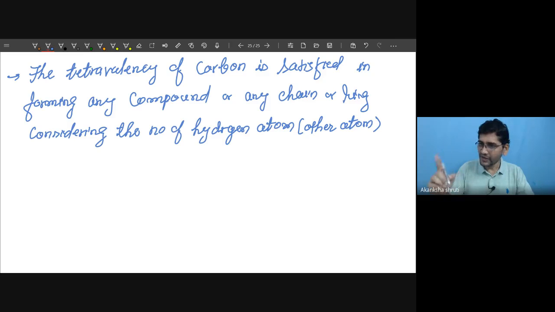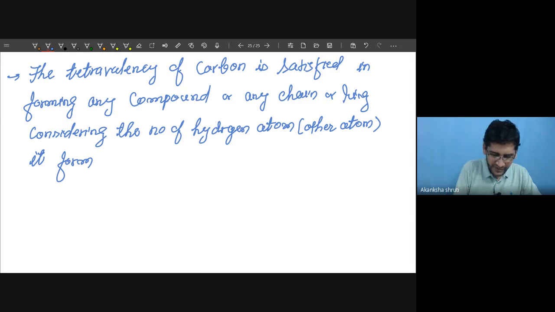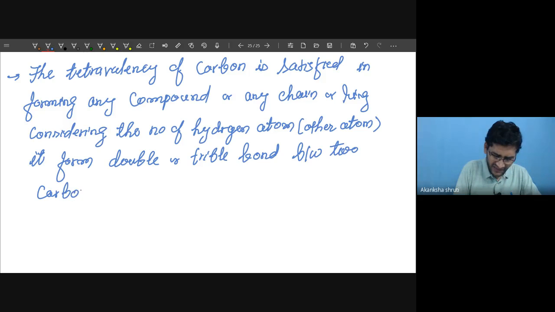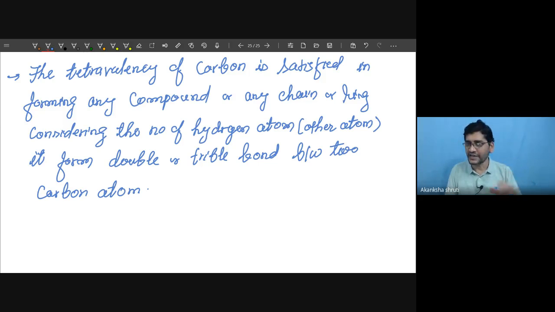So considering the number of hydrogen atoms, it may form double or triple bond between two carbon atoms. So student, it is a very important thing. Please understand this. By this, you are able to draw any structure. You are able to draw any isomer.